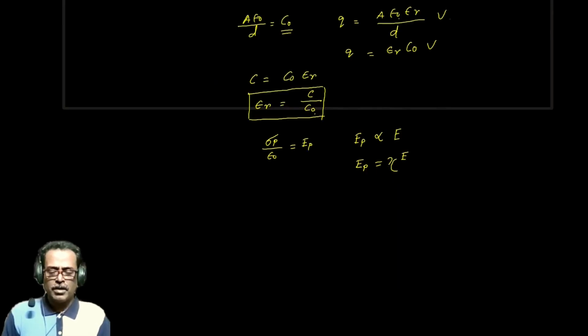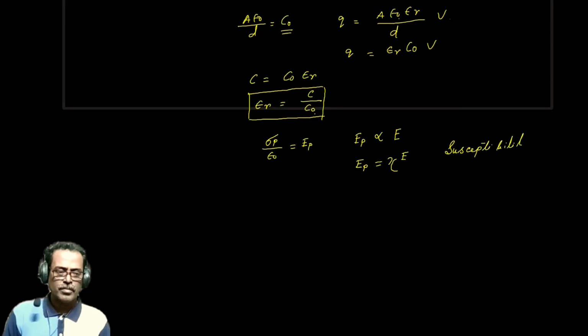Now this chi is called susceptibility, and we know that EP is equal to E0 minus E, which is equal to chi into E, and E is equal to E0 divided by epsilon r.